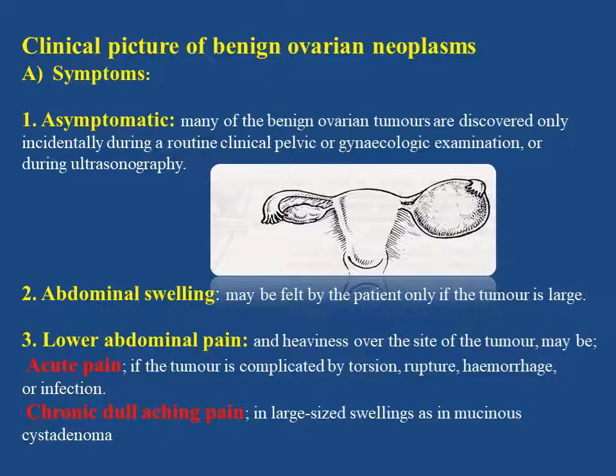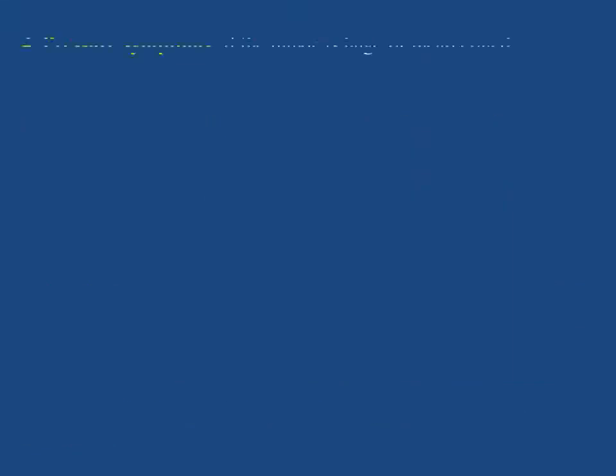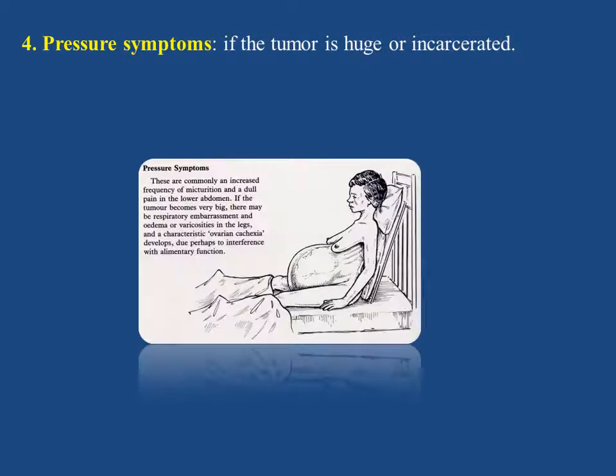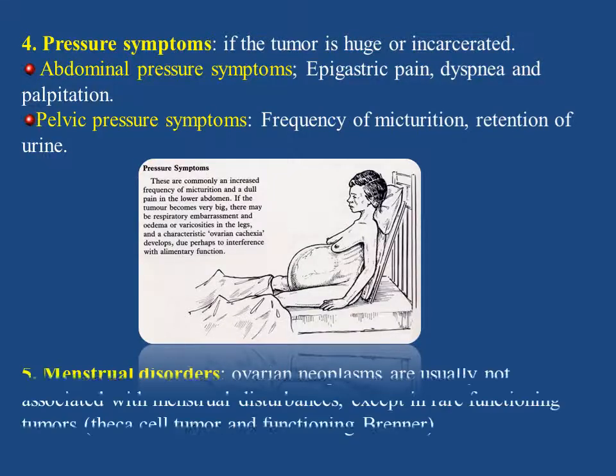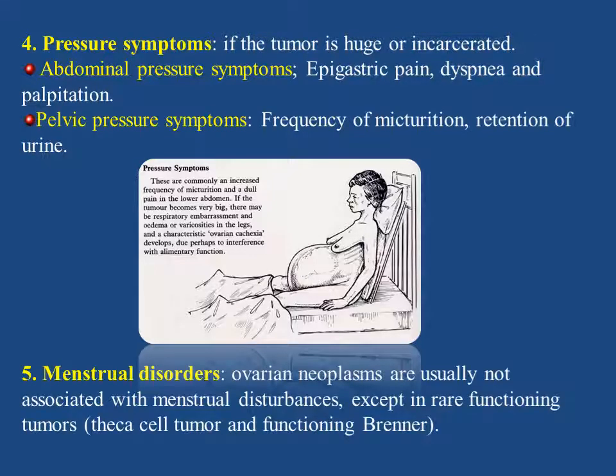This is a large size swelling as in mucinous cystadenoma. I told you it may fill the entire abdomen. Then the pressure symptoms, if the tumor is huge or incarcerated, like abdominal pressure symptoms, the patient may come with dyspnea, palpitation, epigastric pain, or lower pelvic pressure symptoms like frequency of micturition or even retention of urine.